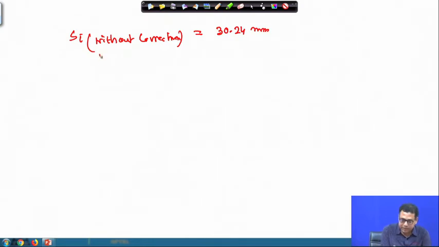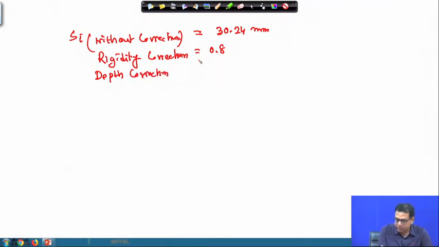The rigidity correction factor is 0.8 and the depth correction factor is equal to 0.95.